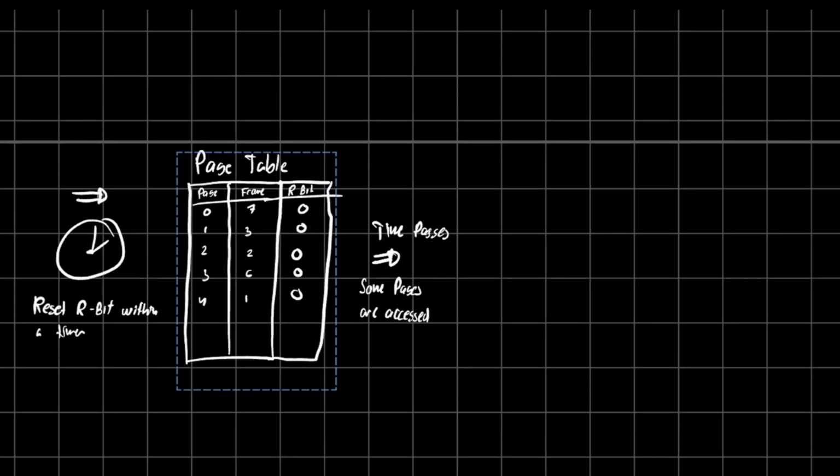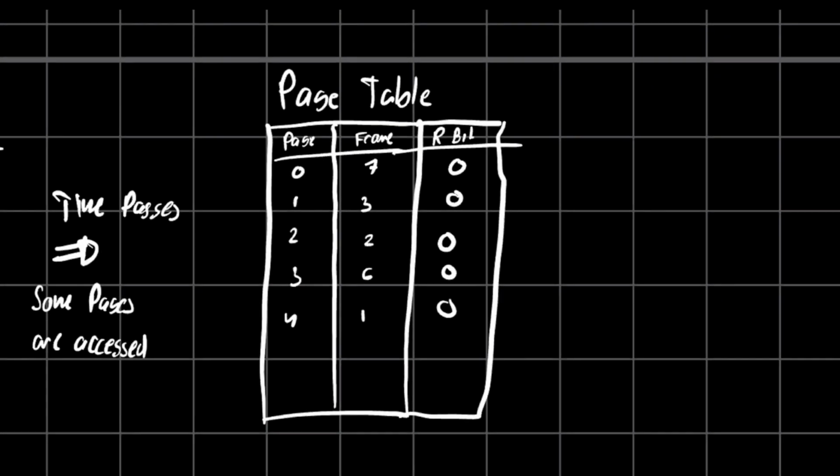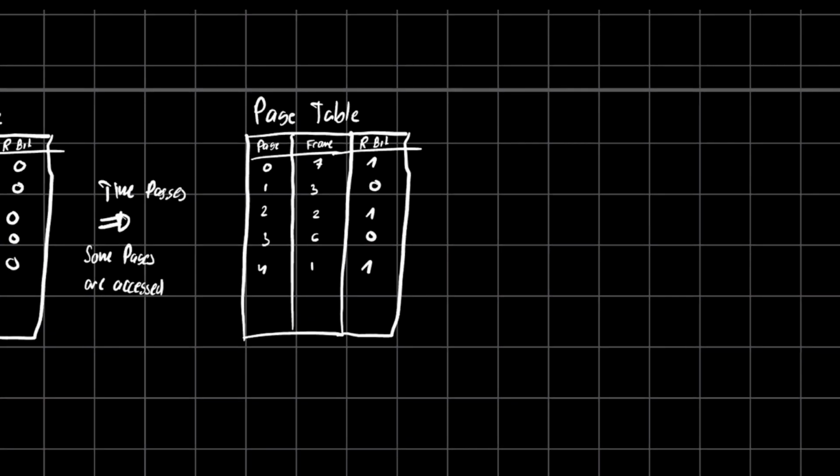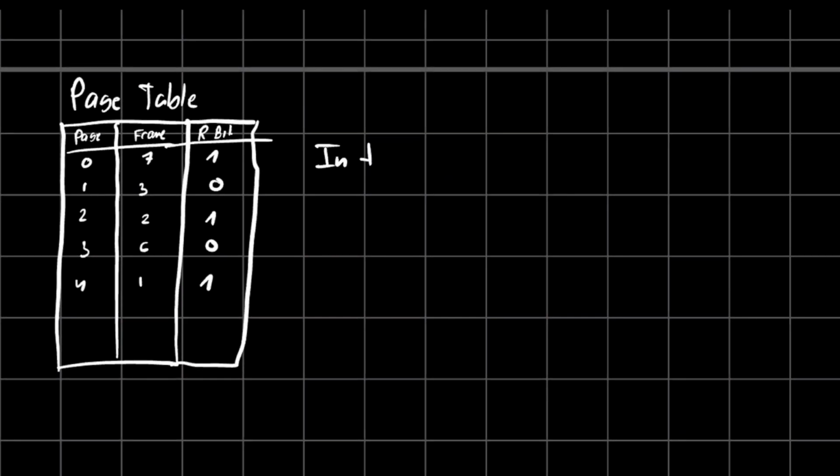And what we will have is simply the same table, just with some bits that have been used set to 1. So let's say 1, 1, and 1.